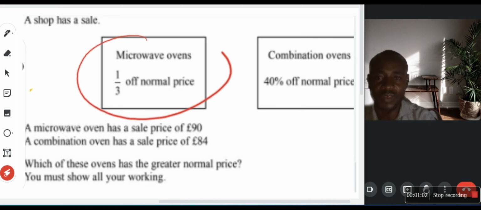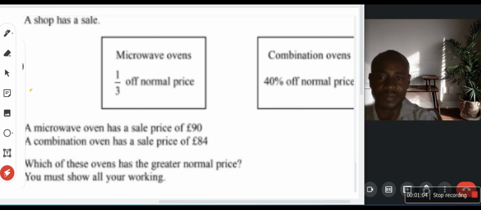So this is also a case of reverse percentage, because the microwave oven is sold at 1/3 off the normal price. It's sold at this £90, but that is 1/3 off the normal price. So what was the normal price?